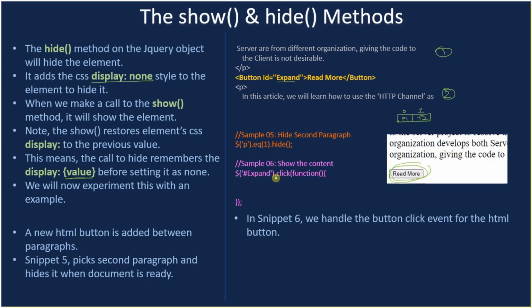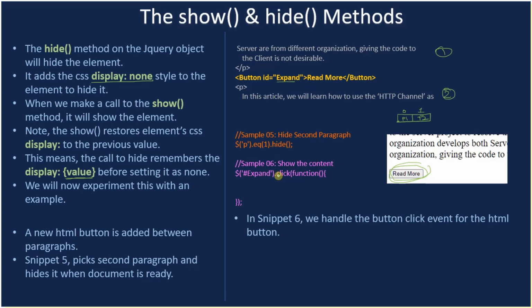Now we are hooking one more event handler, $expand, click, and we define the body here. In snippet 6, we handle the button click event for the HTML button, which we added newly, right? ID expand. So $expand will pick this element in the DOM tree. Then we are making call to the click function to provide handler body for the expand.